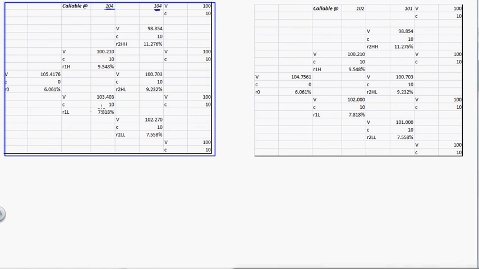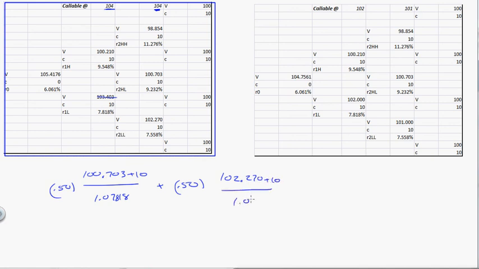So this should be equal to 100.703 plus 10 divided by 1.07818, and there's a 50% chance, plus there's a 50% chance of getting 102.270 plus 10 divided by 1.07818.